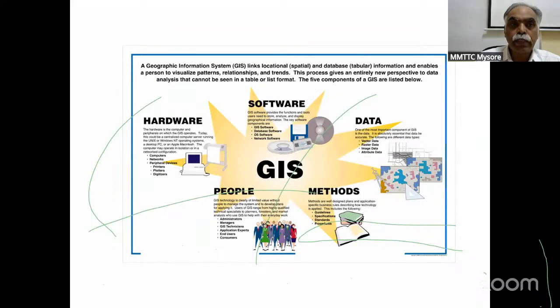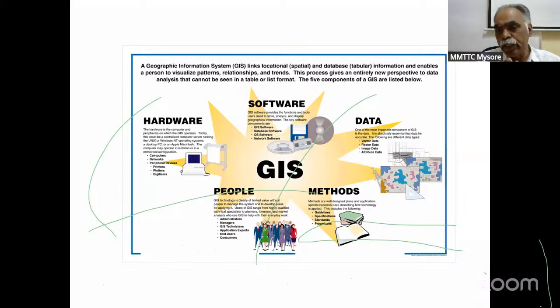If your method is wrong, your output will be wrong. Say, for example, let me take the Chamundi Hill of Mysore city. If I want to see the landslide-susceptible spots of Chamundi Hill, and when I do an analysis, if my methodology is right, I will be able to point out the exact spots of landslide.